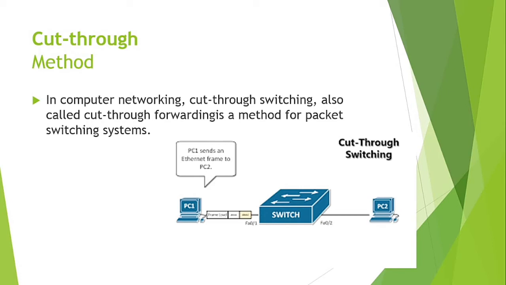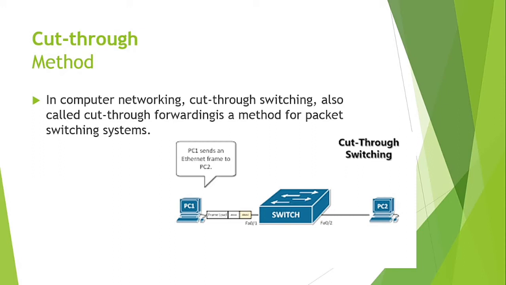In computer networking, cut-through switching, also called cut-through forwarding, is a method for packet switching systems wherein switches start forwarding a frame or packet before the whole frame has been received, normally as soon as the destination address and outgoing interface are determined, compared to store and forward. This technique reduces latency through the switch and relies on the destination devices for error handling.